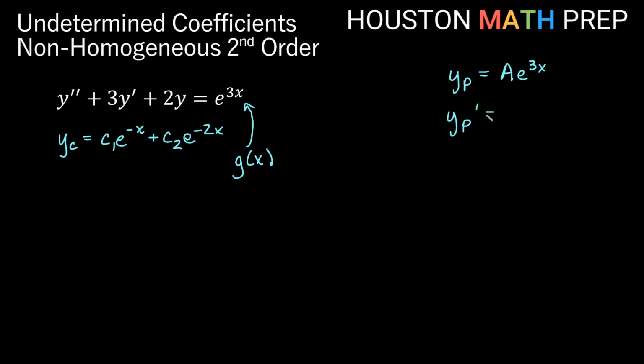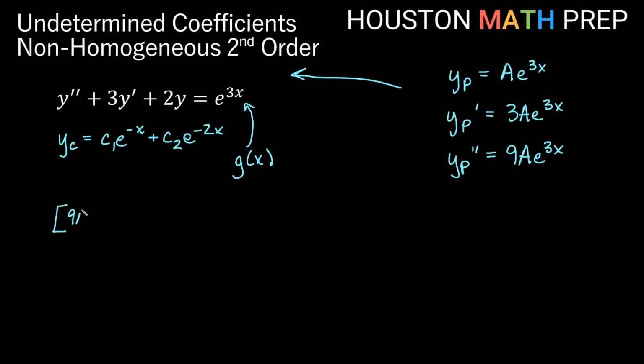So our y prime here is going to be 3a e to the 3x from the chain rule, and then chain rule again is going to multiply by 3 one more time, so our yp double prime is going to be 9a e to the 3x. We take all this information, we put it in the equation, and solve for our a. That's our undetermined coefficient.